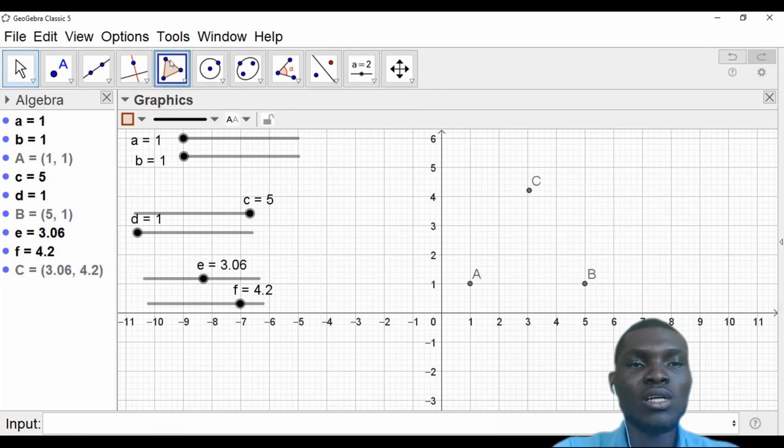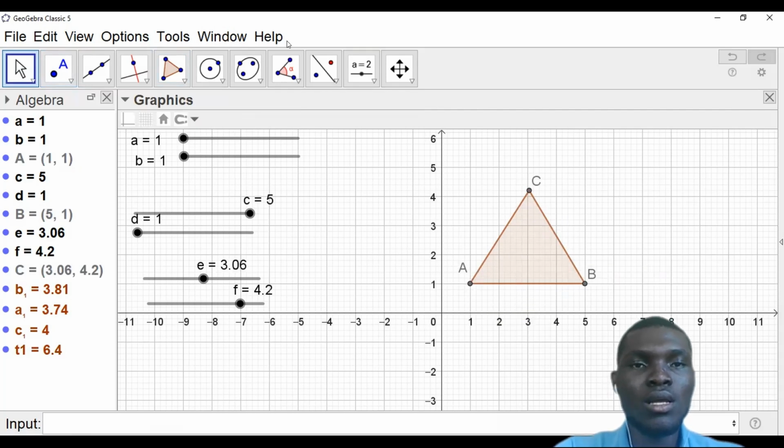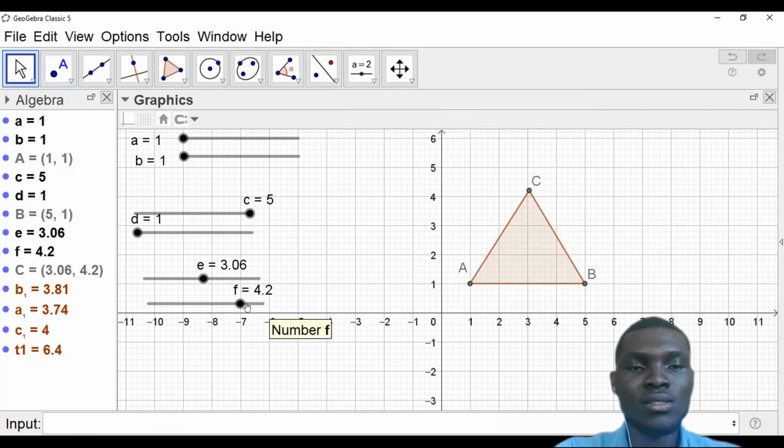So what I'm going to do now is create a polygon out of these 3 points. So I'll make a polygon A, B, C. I'm moving from A to B to C. Good. So now, with these three, let me animate it for you to see.